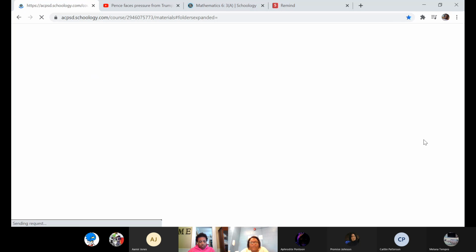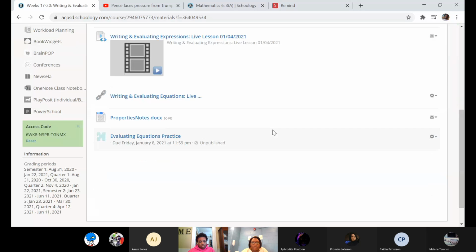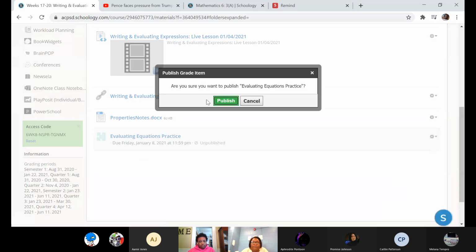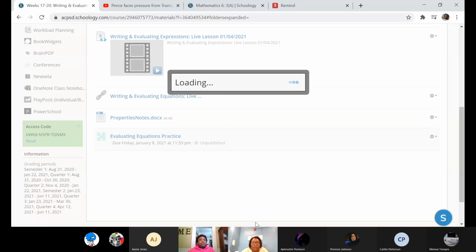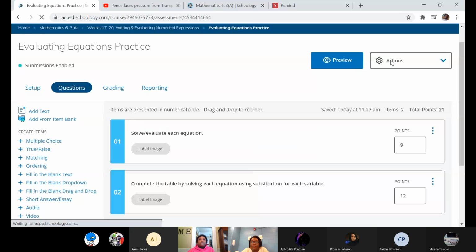We're going to go to our math course. In our blue folder, week 17 through 20, you will be working on evaluating equations.